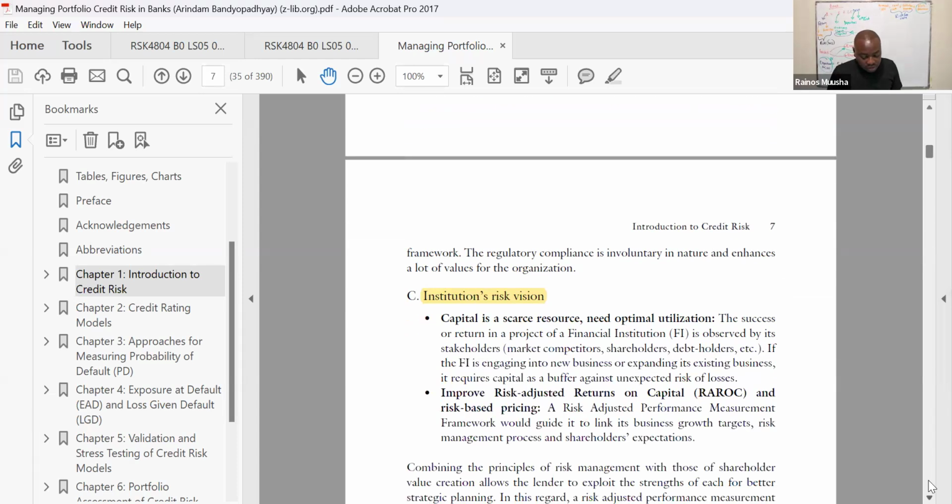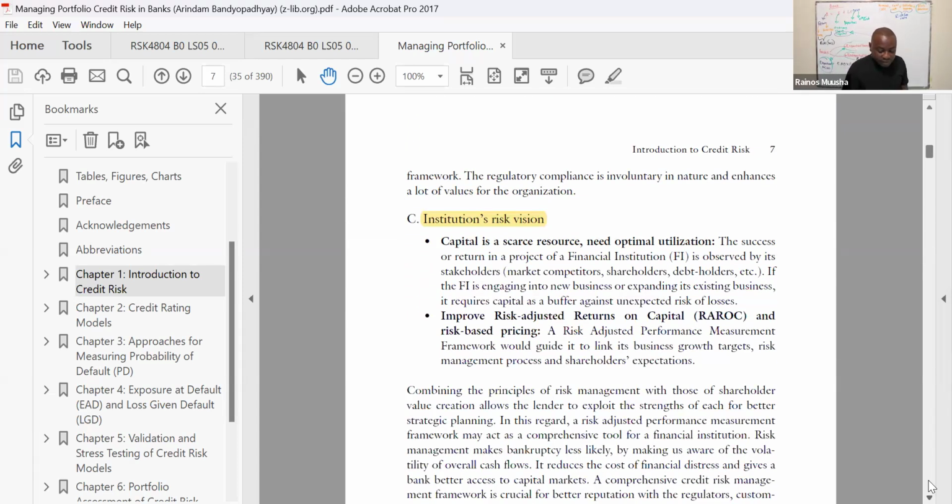Then they also look at the institution's risk vision. Here they say capital is a scarce resource and needs optimal utilization. The success or return on a project of a financial institution is observed by its stakeholders, which can be market competitors, shareholders, or debt holders.